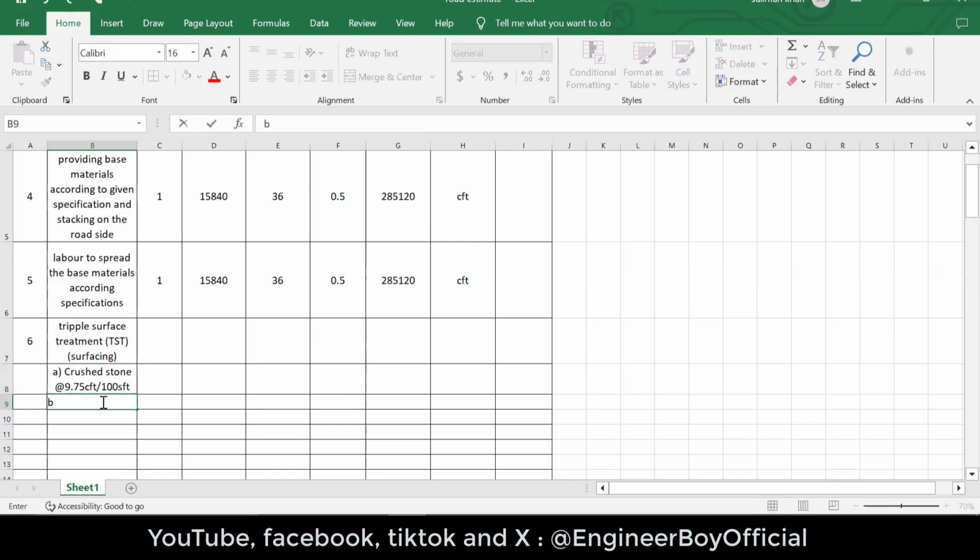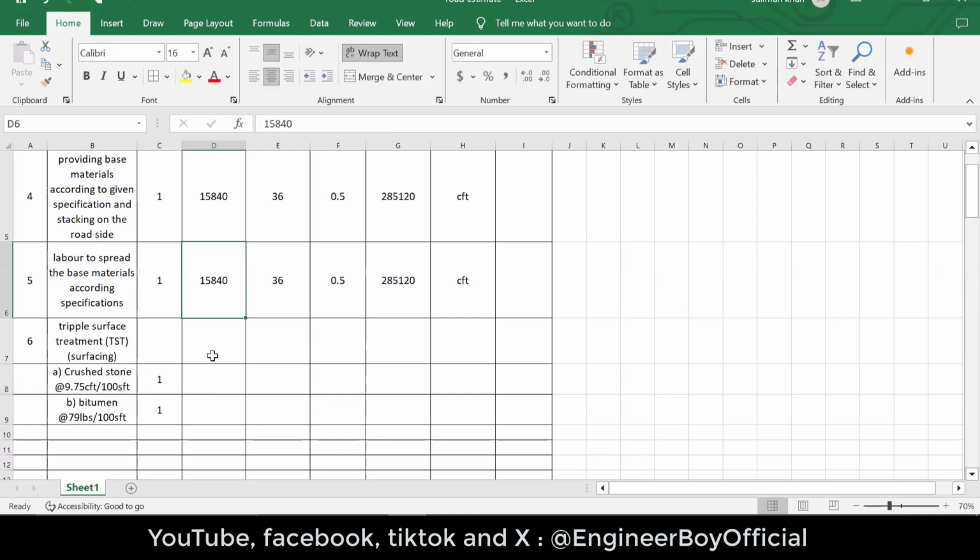Okay, and we must have bitumen. Now how much bitumen is required? It depends on the design. However, let's say we are given that the quantity of bitumen is 79, which is almost 80 pounds, okay? LBS are pounds. And this is, let's say, per 100 SFT. Is that clear? Yes, sir.